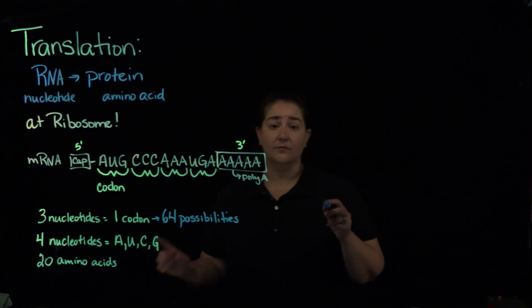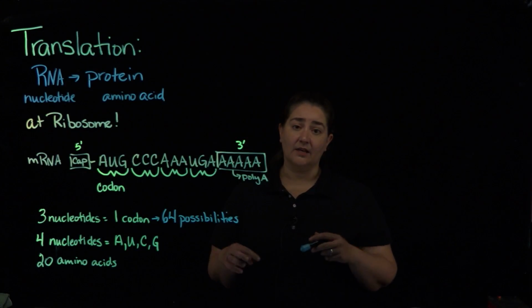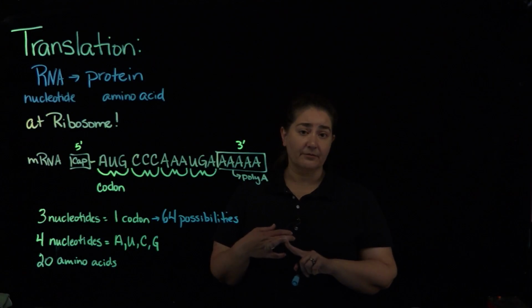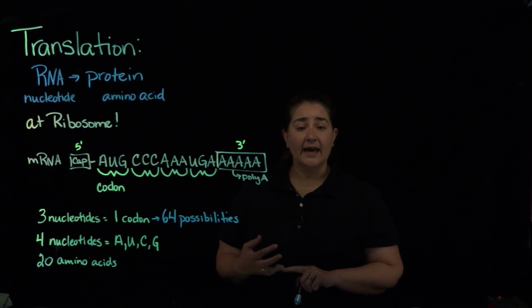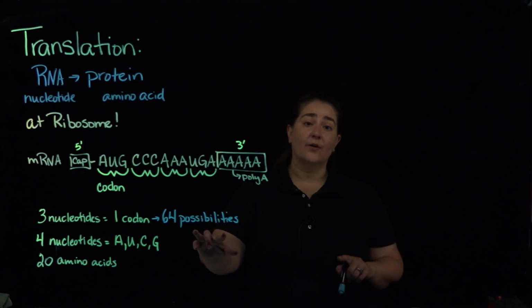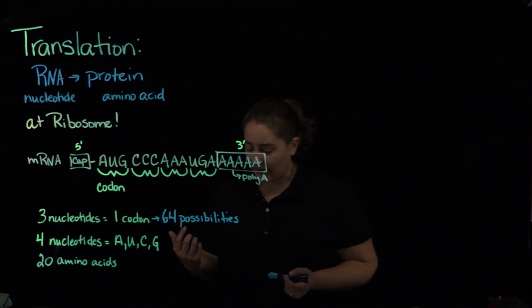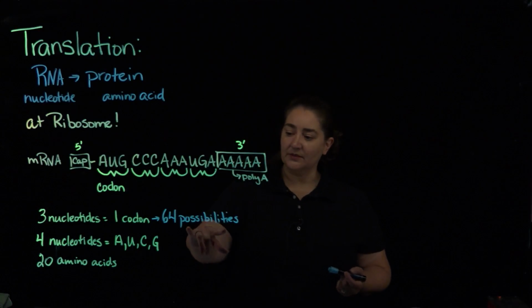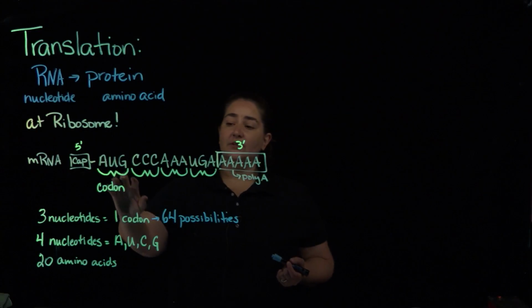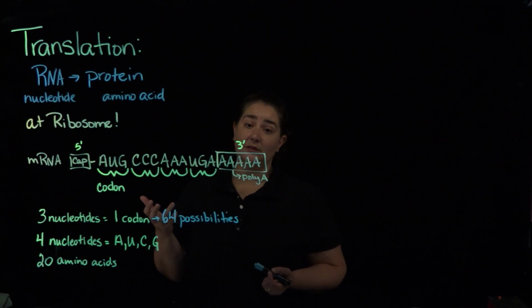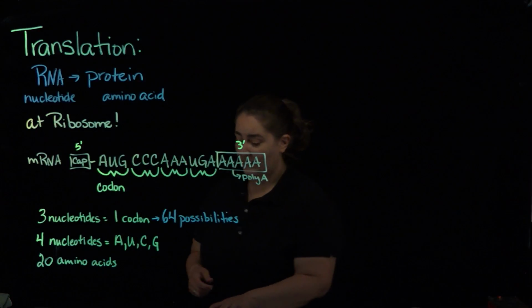So that table in your PowerPoints that I've got listed as the genetic code, I've got the Rosetta Stone as a reference there for it, that is going to be those 64 possibilities, okay? And what we're going to have with those 64 possibilities is the ability to put in any of the 20 amino acids, okay?